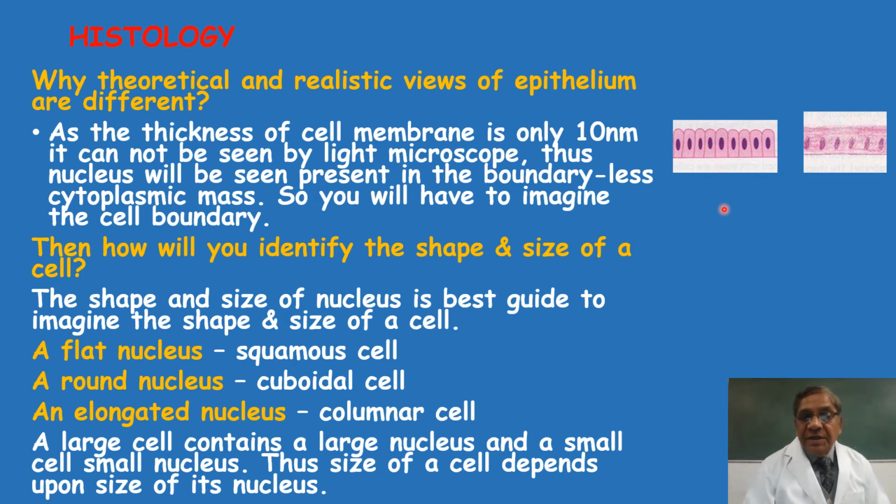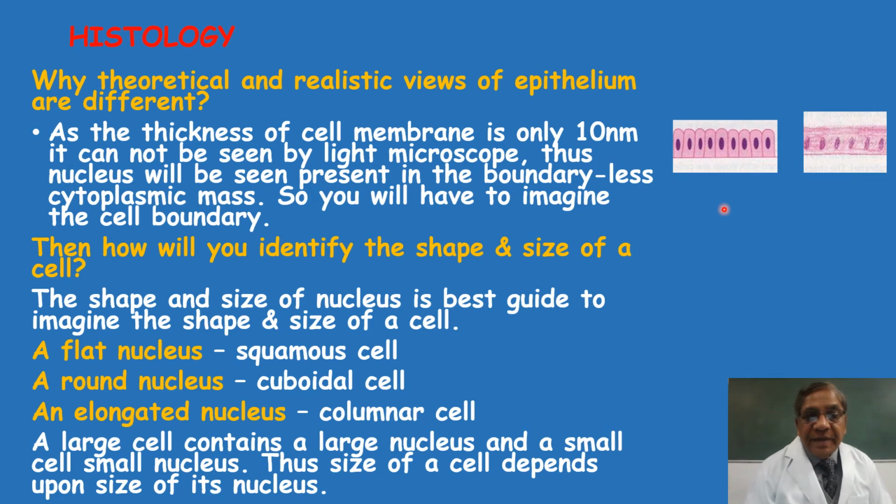If you are seeing a round nucleus, then you imagine the cell boundary of a cuboidal cell, whose height and width are equal and in the center of which is a nucleus. You use your imagination, and only then will you be able to identify it as a cuboidal cell.